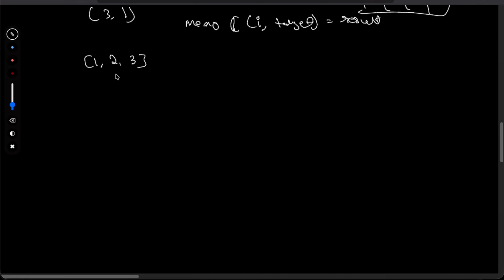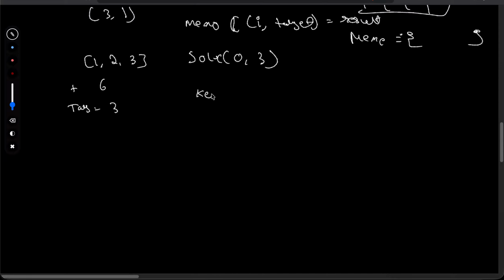If we have an nums array like this, 1, 2, 3, and the total sum is 6, the target is 3. So we solve 0, 3. We're going to use a memo map. The first key is 0 and 3. Now memo check: not present, so we compare.